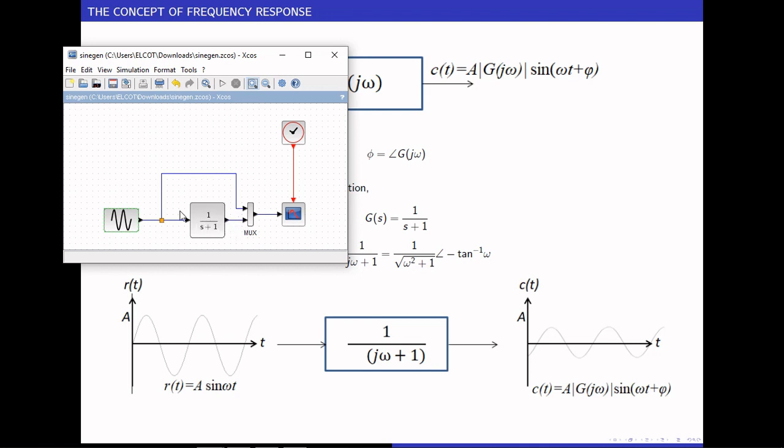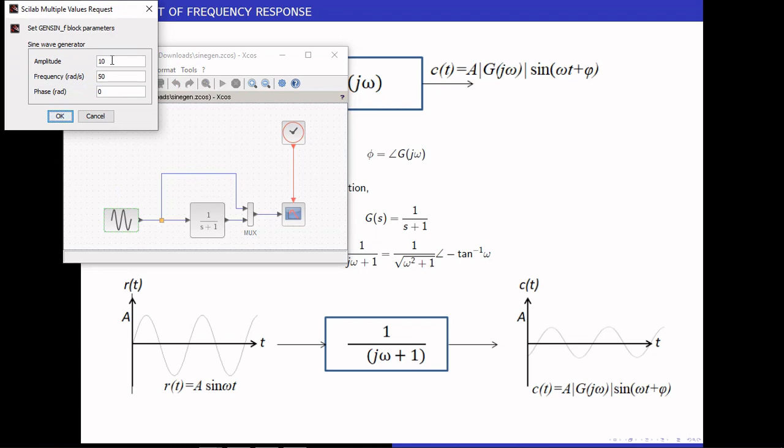Both the output and the input are given to a scope through a mux. So let me define my input. The amplitude I have taken is 10, whereas the frequency, let me start from a smaller value, 0.2.